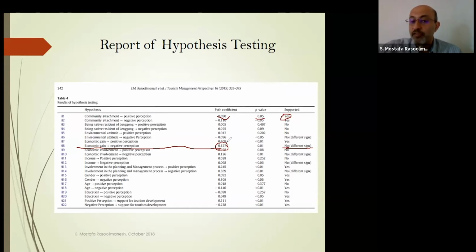But if the sign of path coefficient is opposite to the hypothesis, even for a significant path coefficient, we cannot support this hypothesis, right?